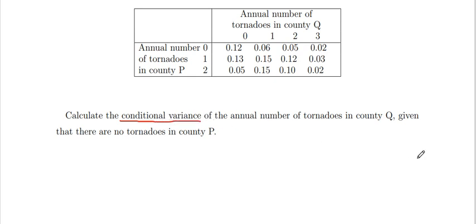Suppose we put this as X, and this is Y. We want to find conditional values of X given that there are no tornadoes in P. So this means Y equals 0. We want to find this, right? So we just need to find this distribution of X.